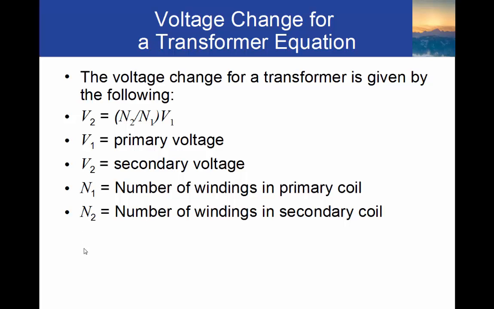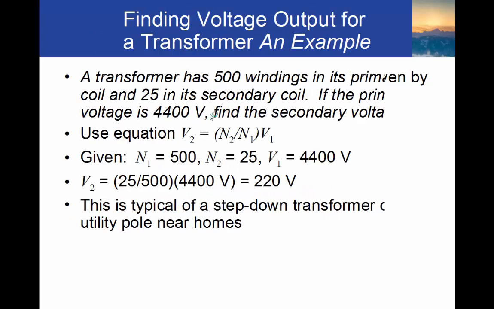And in fact, on the next slide in the notes, an explicit example is worked for a step-down transformer in which we do that. So we have more windings on the primary than on the secondary, and so the voltage on the secondary is lower than the voltage on the primary.